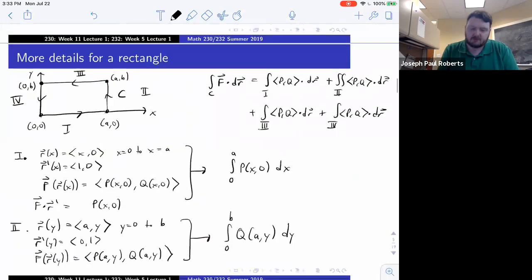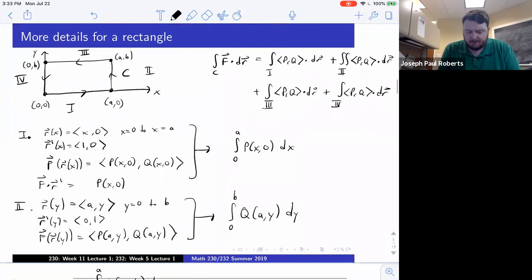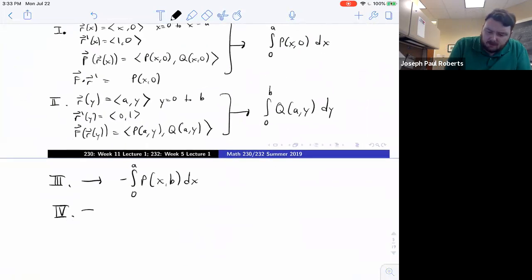On piece 3, y is equal to b the whole time. It all works out. And then piece 4, you're going to get minus the integral from 0 to b of Q of 0 y dy.